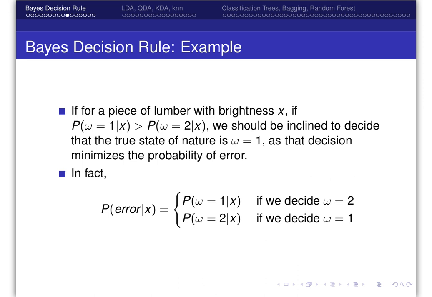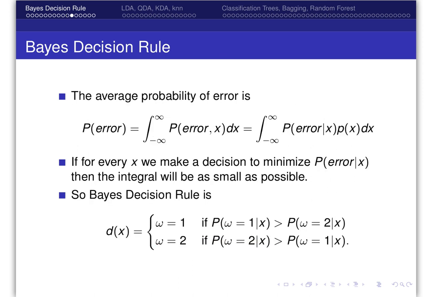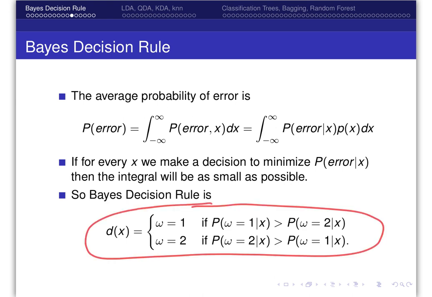That is, the probability of committing an error is the posterior probability that omega equals 1 if we decide the class is 2, while the probability of committing an error is the posterior probability that omega equals 2 if we decide omega equals 1. If for every observation we make a decision to minimize the probability of error given our covariate x, then this integral will be as small as possible. The average probability of error is given by this equation. Therefore, we have Bayes' decision rule expressed here.